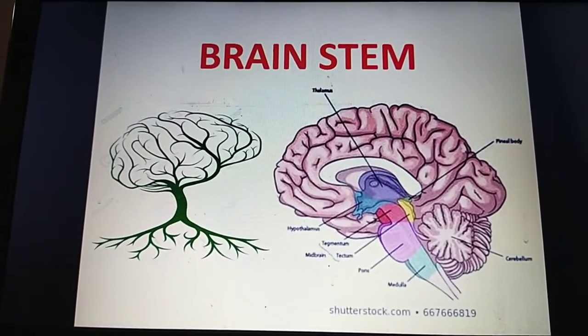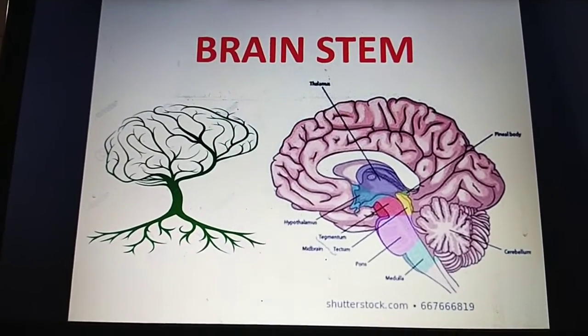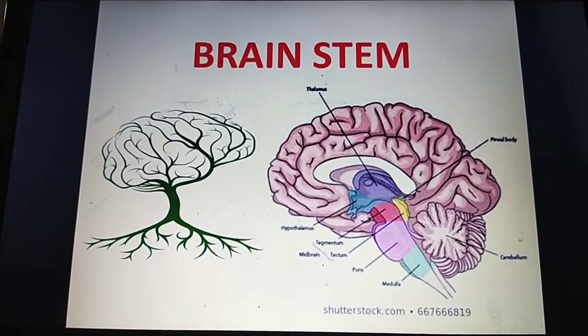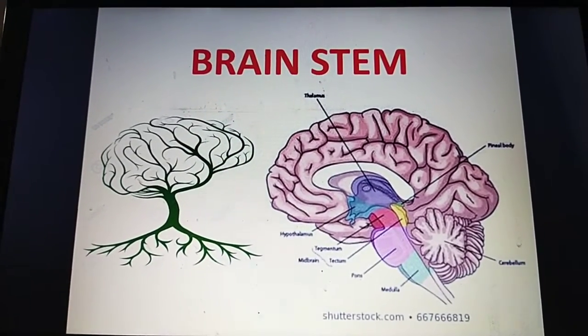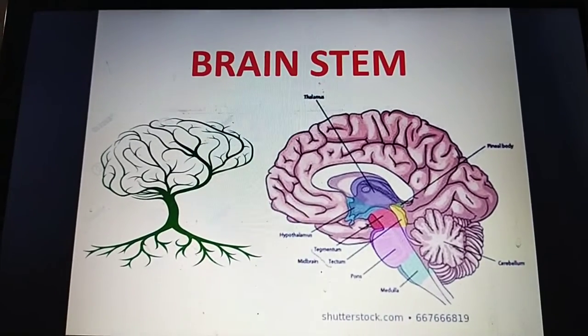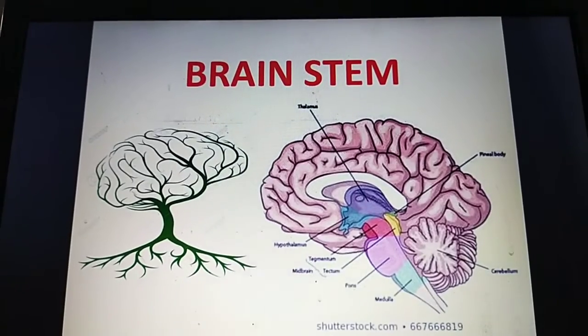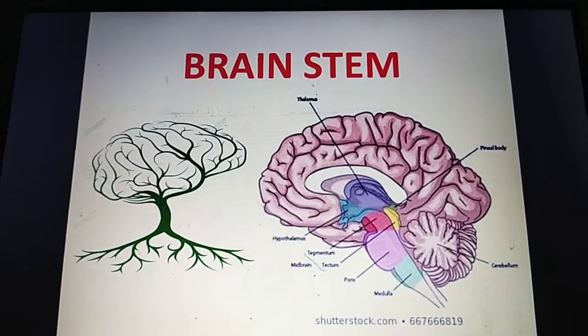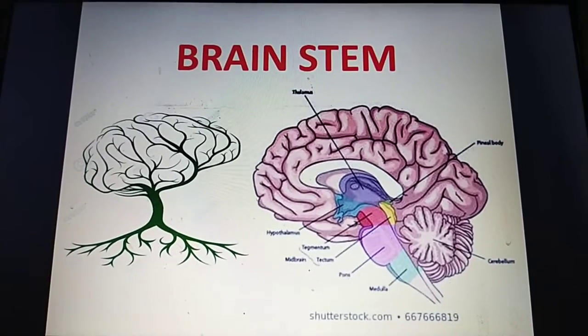The brain stem is unique and it is made up of three different parts. One is the medulla oblongata. It is continuous with the spinal cord, and the basilar portion of the medulla oblongata contains the pyramids, olives, and medullary tegmentum. The pons is present in the middle, and the midbrain is present upwards.